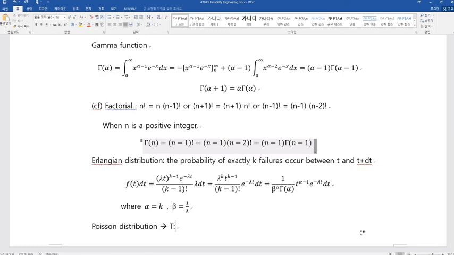Here t is the time until the kth arrival, so it is closely related to the gamma distribution.